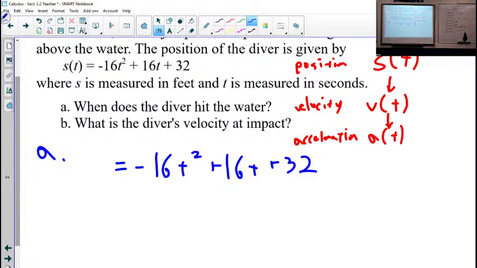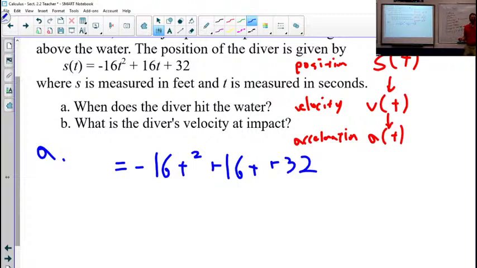No calculator, by the way. The diver hits the water when, what variable are we interested in? This is a question about, we're asking about time, right? The answer should be a time. That's a when.